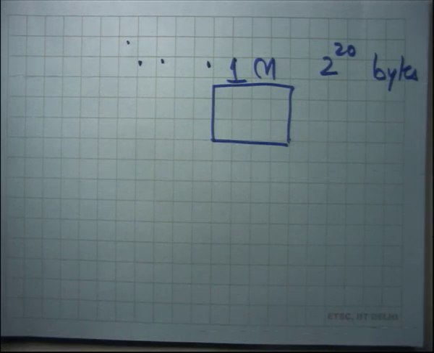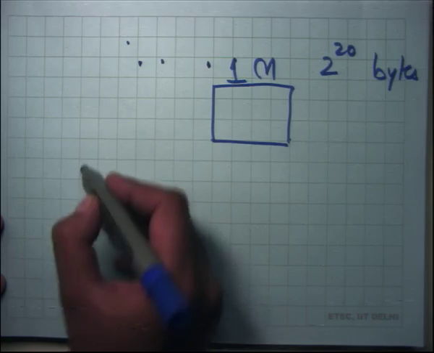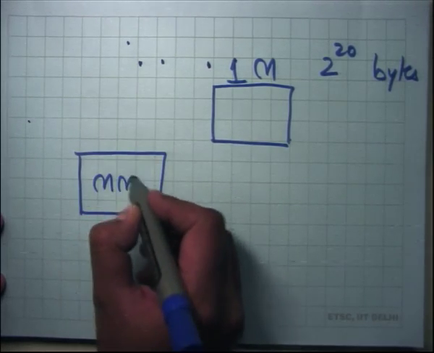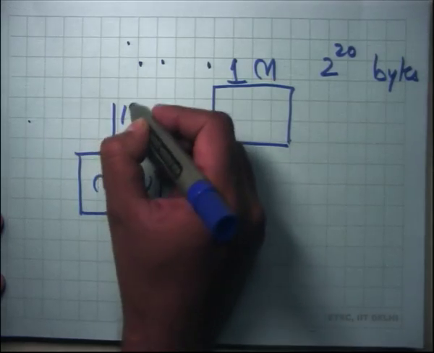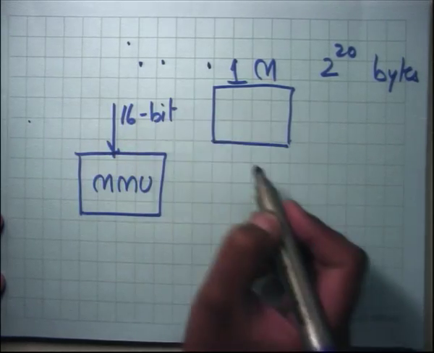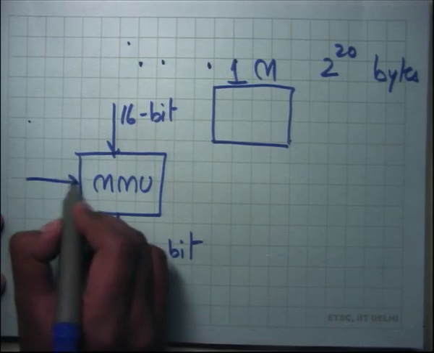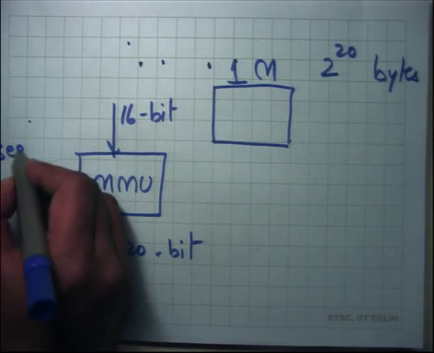So the CPU architects needed a way to address this physical memory using 2 to the power 20 bytes, and the architecture itself is 16-bit. So what they did was, the MMU would take in a 16-bit value and generate a 20-bit value with the help of certain registers which are called the segment registers.